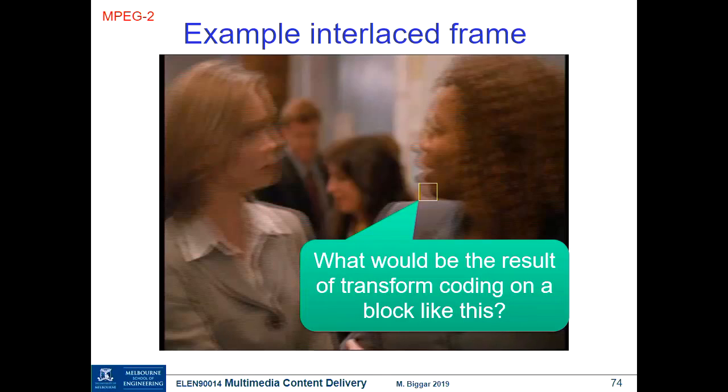What's the underlying assumption of the structure of the picture if we're going to transform code it and throw away the high frequencies? Low frequency has the main... Yeah, the main energy is in the low frequencies.